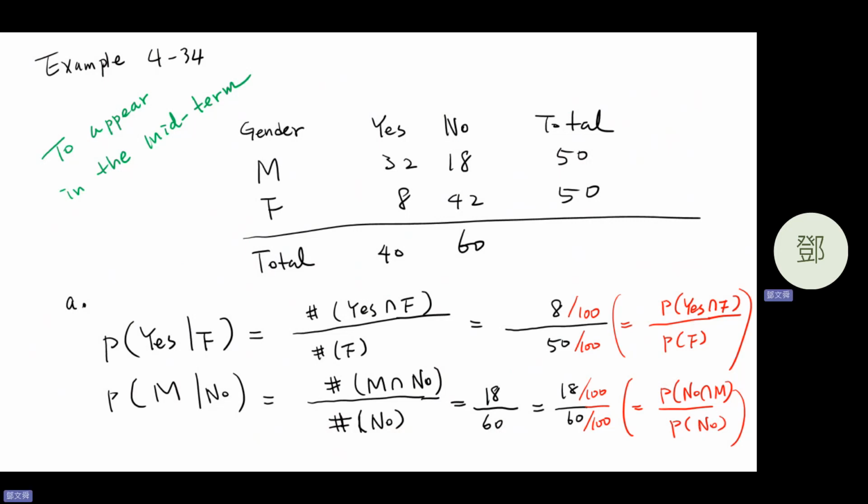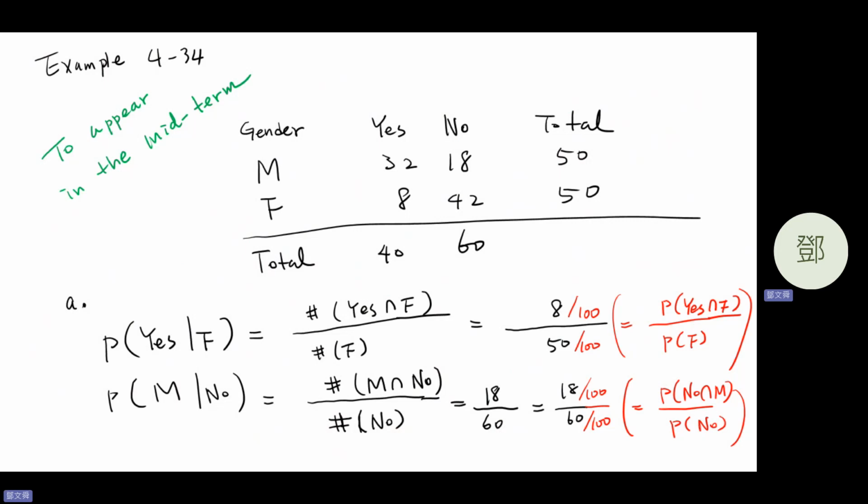So what is the conditional probability that a woman will say yes? It is the number of persons that are women and say yes. How many? 8 of them. 8 divided by 50 because there are 50 women.